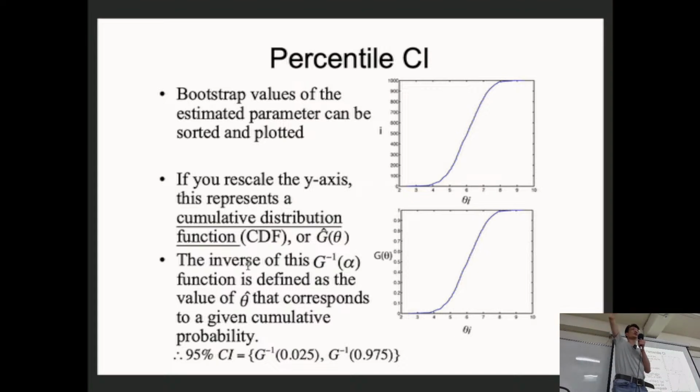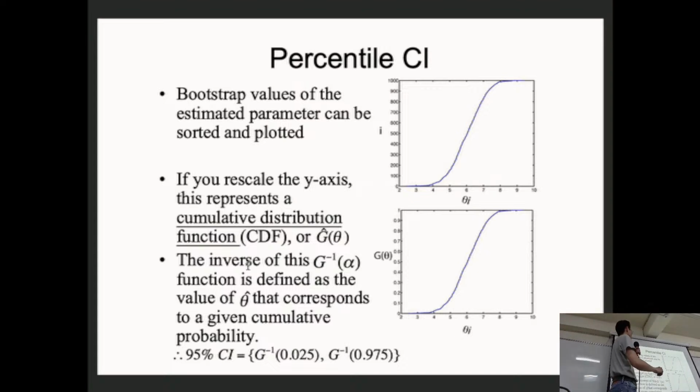That concept is very important. The idea is that no matter what, if you generate your theta I, we are able to generate a CDF for your theta I just by ranking them. We can always do that, because we can always rank them from small to largest, even if there are repeats.